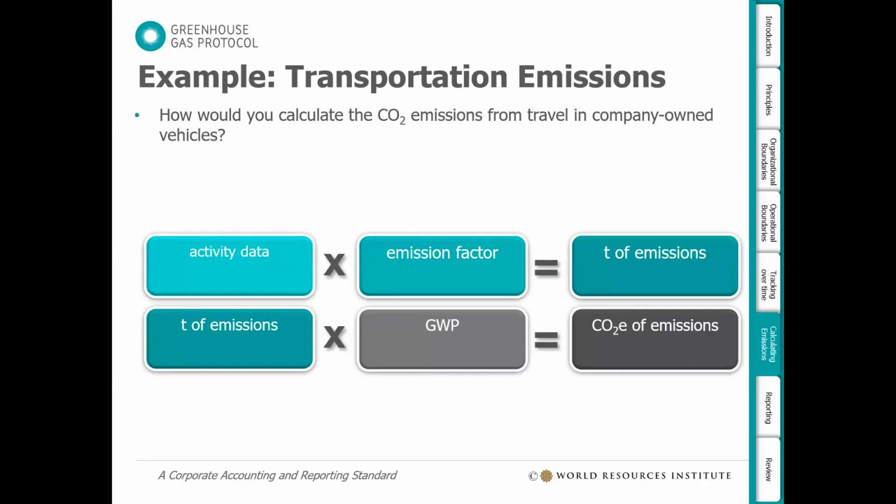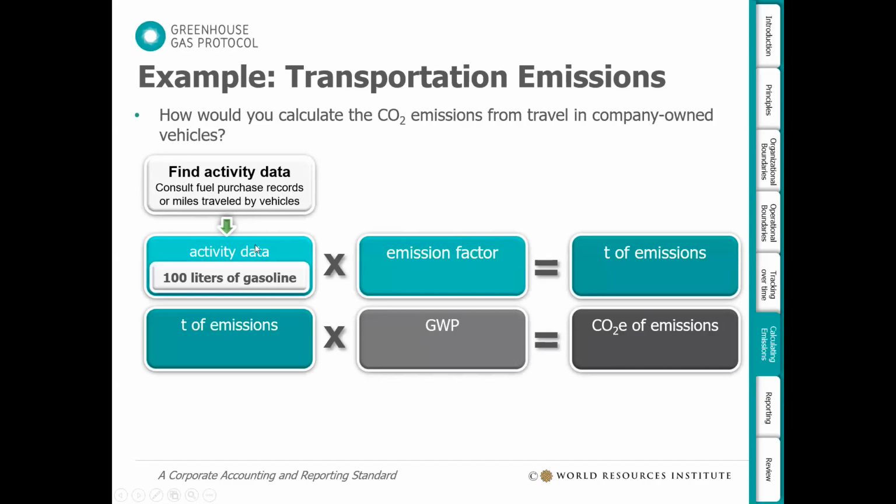And the first step for the company is to identify and obtain the most relevant activity data. And here the company consults its fuel purchase records and determines that it consumed 100 litres of gasoline.